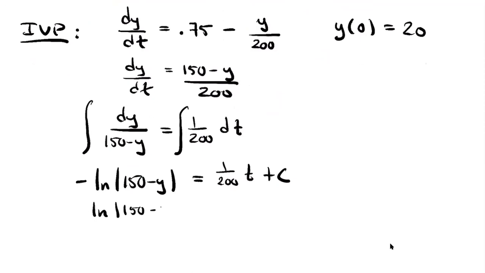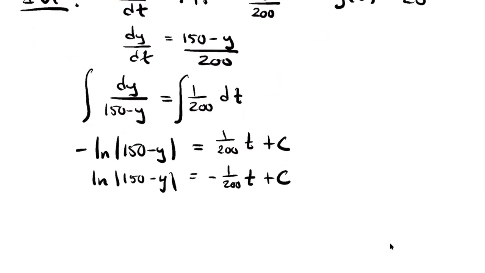So I've got log of 150 minus y is minus 1 over 200t. Same shenanigans. Instead of minus c, I'm just going to write plus c. It's just some constant. And I'm going to exponentiate both sides.